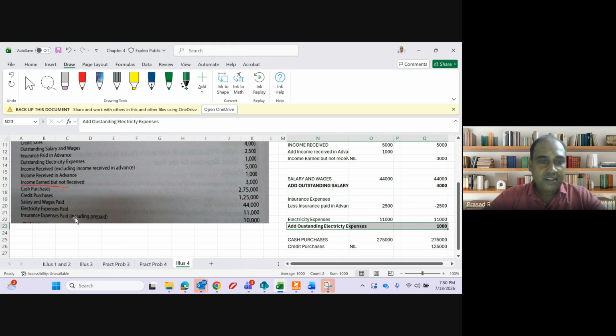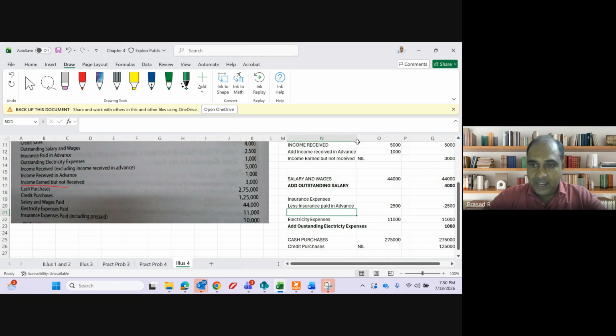Insurance expenses paid, including prepaid. Insurance expense paid, including prepaid, is how much? 10,000. So my total expenses paid is 10,000.